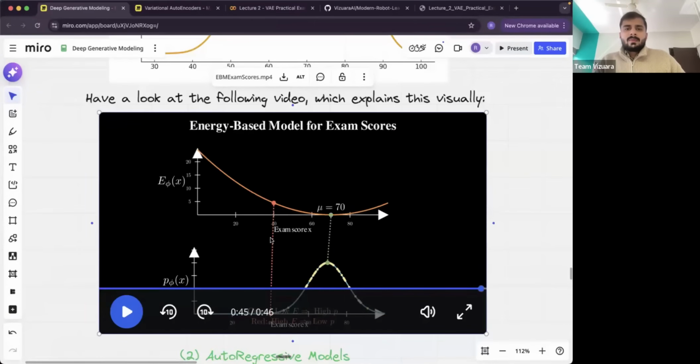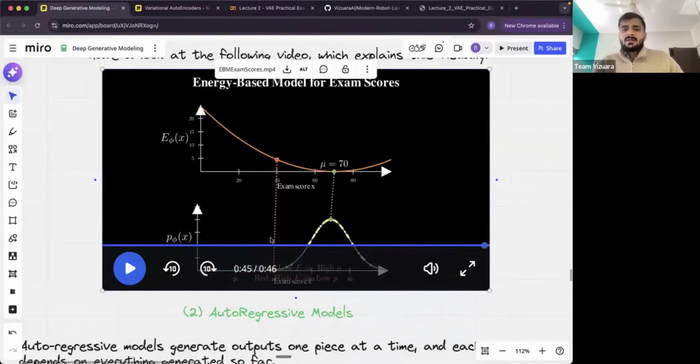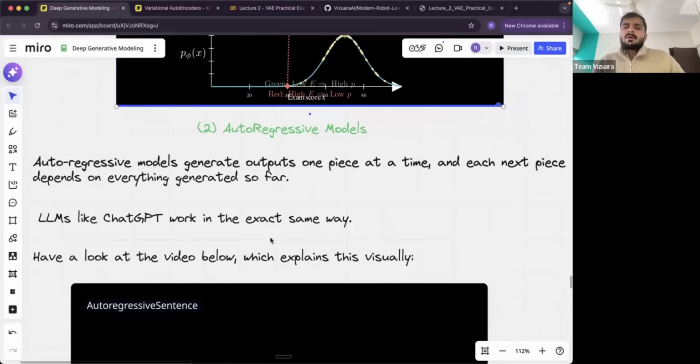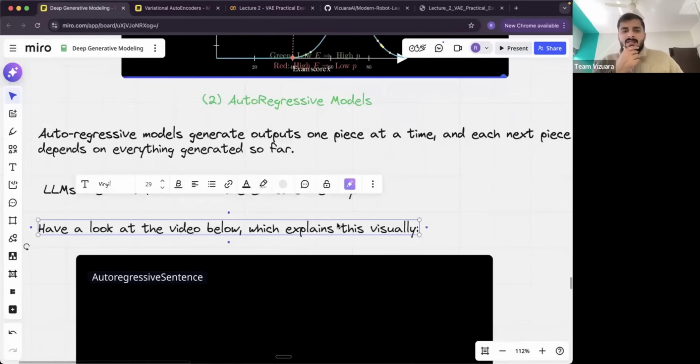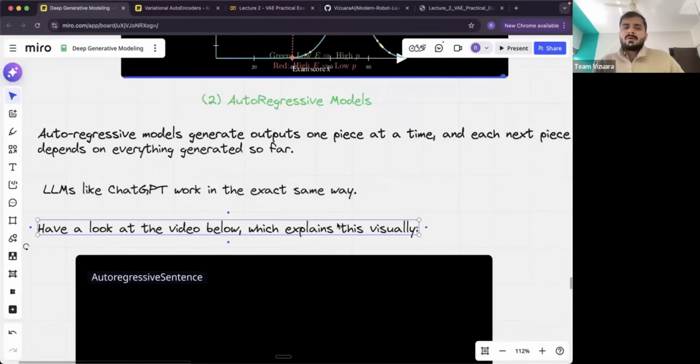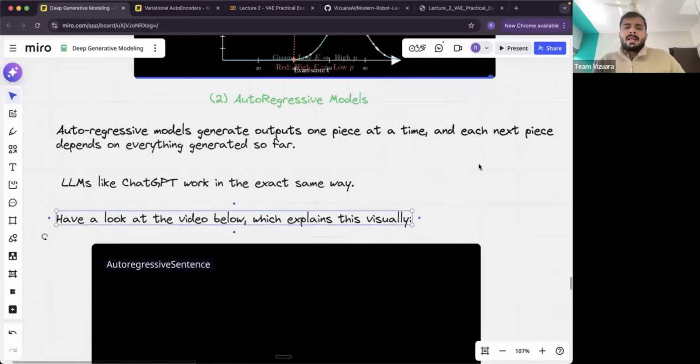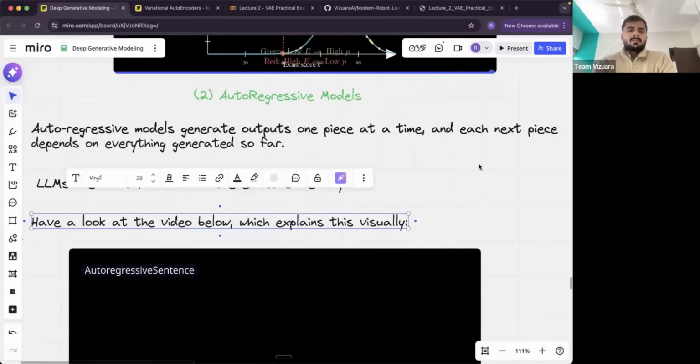Okay, so this is a brief intro about energy-based models. The second are called autoregressive models. All of us know autoregressive models because we have learnt about LLMs in the past. How many of you know the meaning of autoregression? Can you just type in the chat if you have heard about this word before?